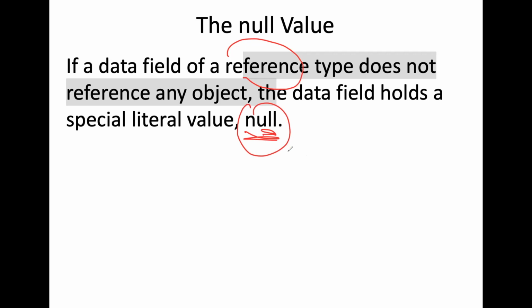Since all of the unreferenced objects in Java have this default or automatically assigned value of null, a lot of times you will see developers using, for example, if there is an object reference, whatever this is, or my circle from the previous video, equals null.